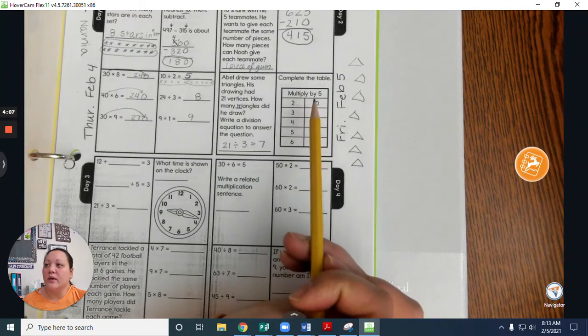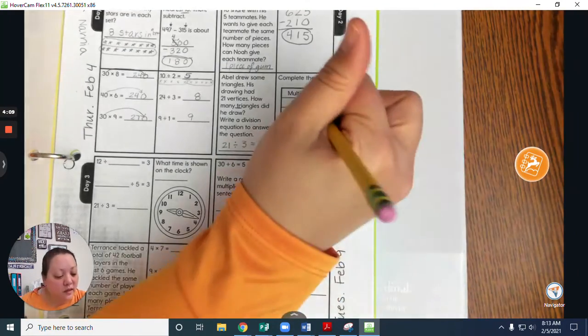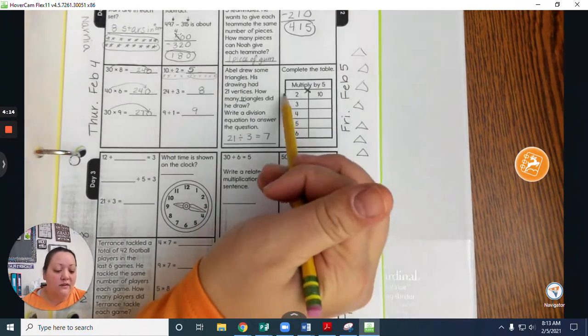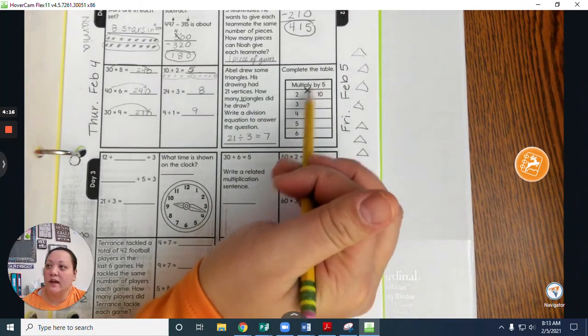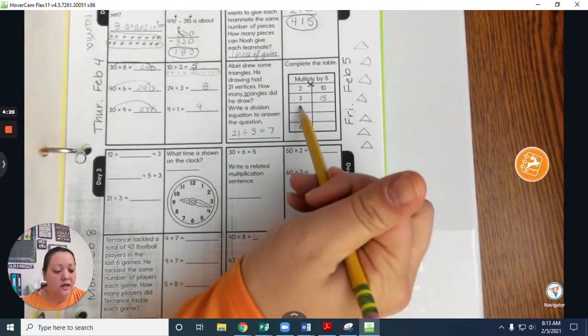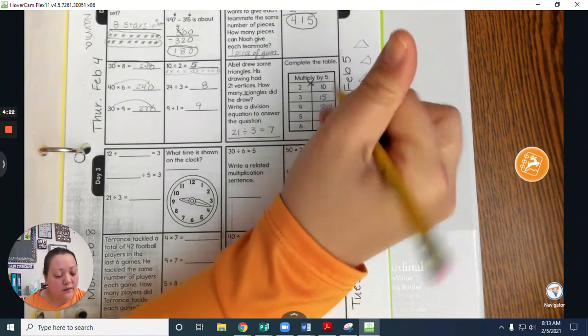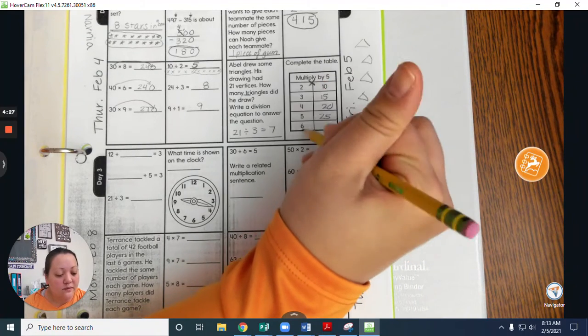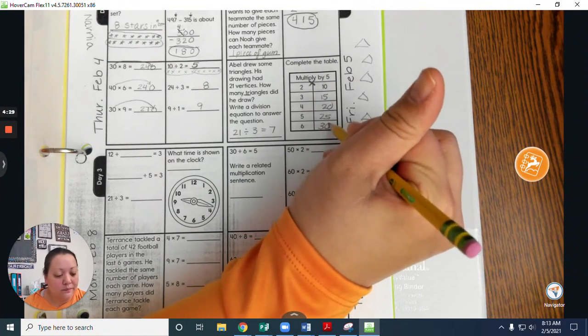Complete this table. Well, remember how we complete these tables? Basically, we put like a times. So 5 times 2 is 10. 5 times 3 is 15. 5 times 4 is 20. 5 times 5 is 25. 5 times 6 is 30.